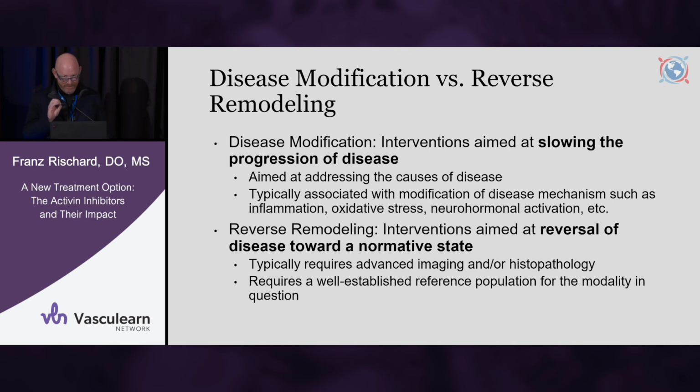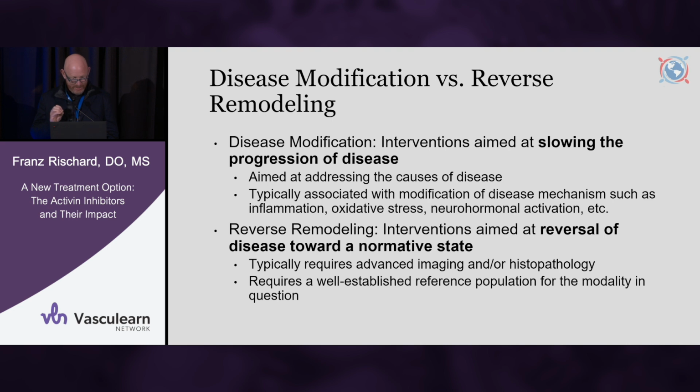Now, I think if you ask 10 different pulmonologists in the room and 10 different cardiologists, you'd probably get a different idea of what disease modification is, much less reverse remodeling, right? But I'm going to just sort of put my neck out here and say what I think it is.